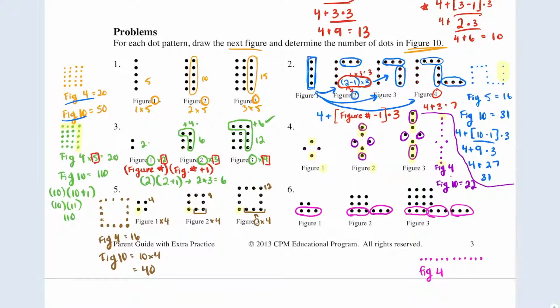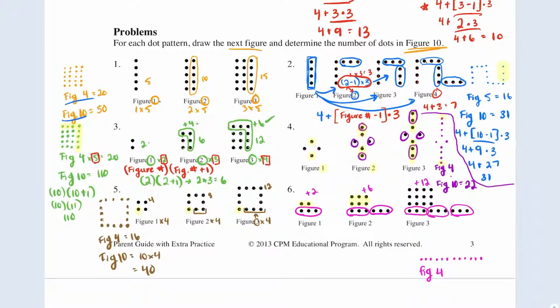So here, in figure 1, I added 2. In figure 2, I added 6. Right, so I'll highlight the piece that I'm talking about right now. So on the very top here, right, trying to find the total number of dots here. And then over here, in figure 3, I added 12.